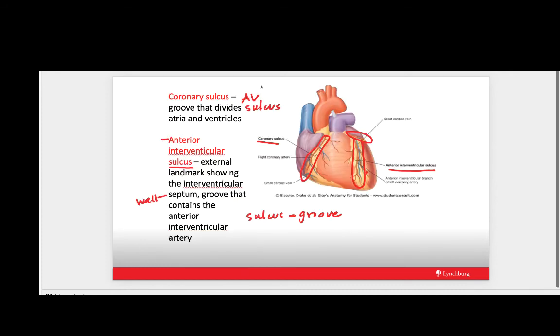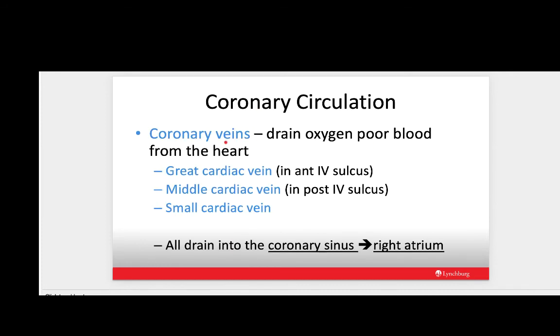Okay. In terms of coronary veins, the heart uses up the oxygen in the blood, and then it needs to return it so that it can go to the lungs and pick up more oxygen.